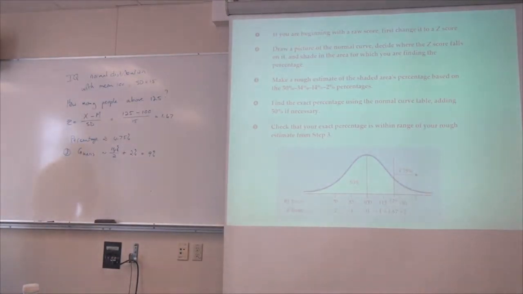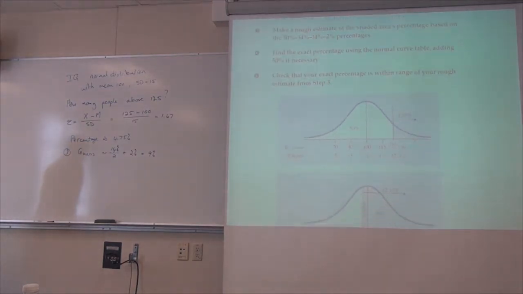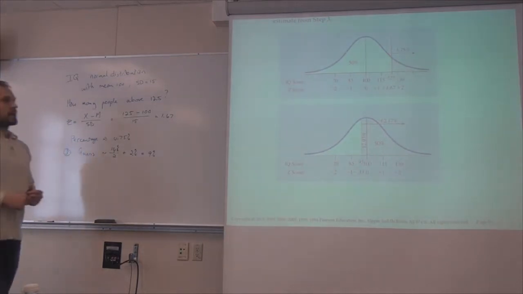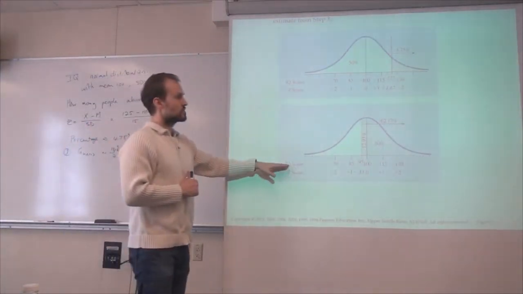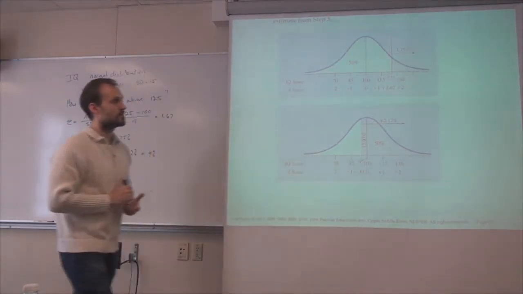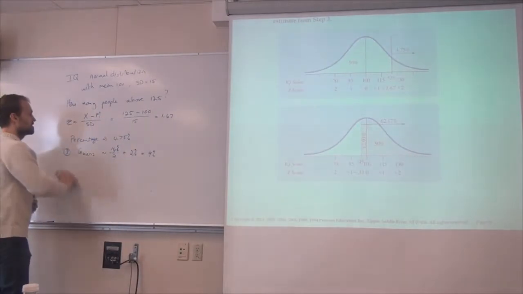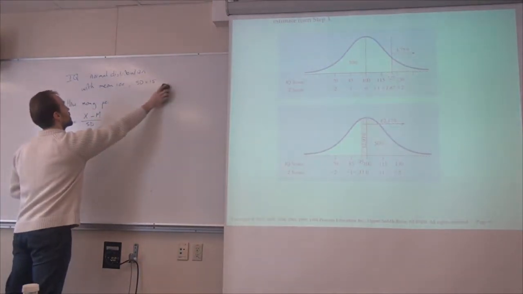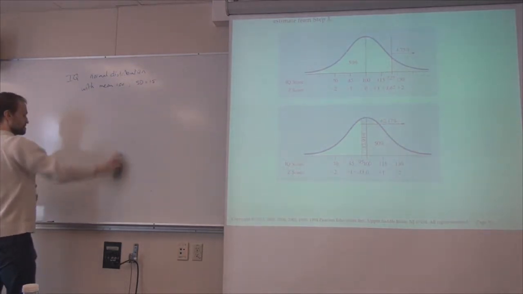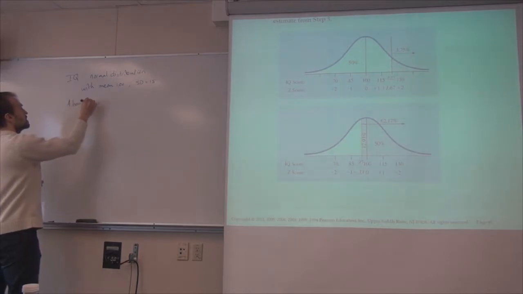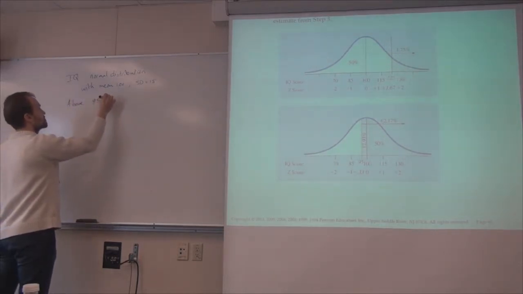Okay, what else can we do? We can ask something like this, where I'm still using IQ scores, mean 100, standard deviation 15. How many fall above a score of 95? So the question is above a score of 95.